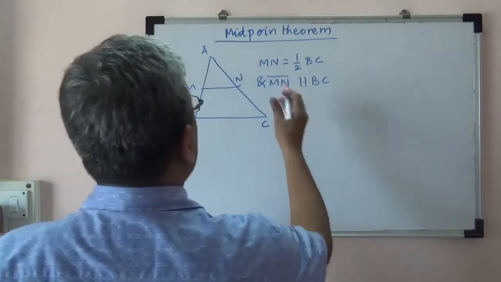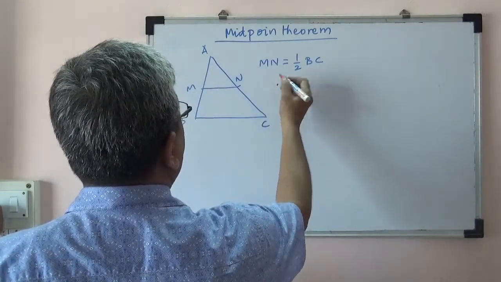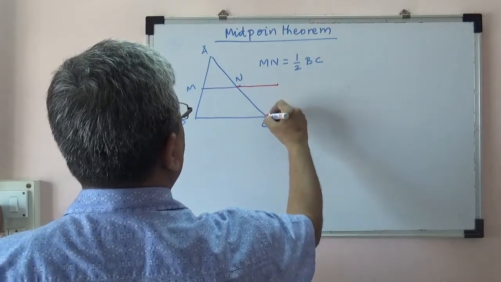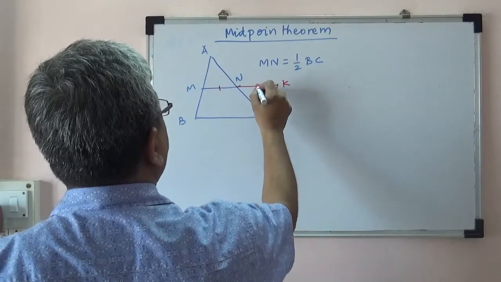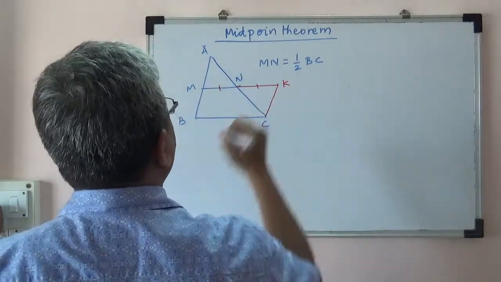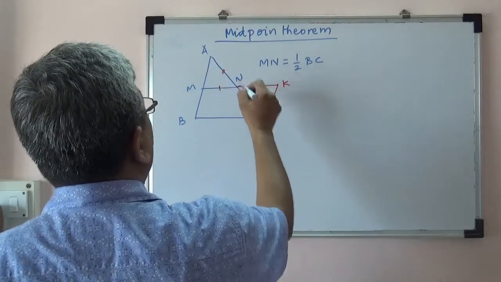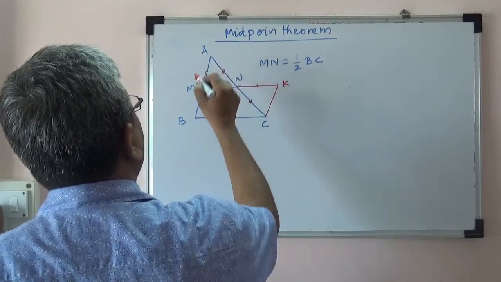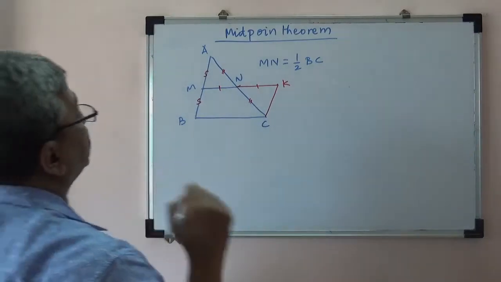Now this proof requires some construction which is outside the box, outside the triangle. You extend MN up to K such that MN is equal to NK, join CK. Okay. Now, N was the midpoint of AC and M was the midpoint of AB, so we have many midpoints there.